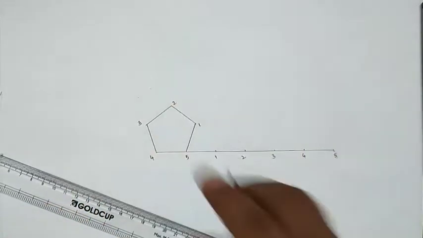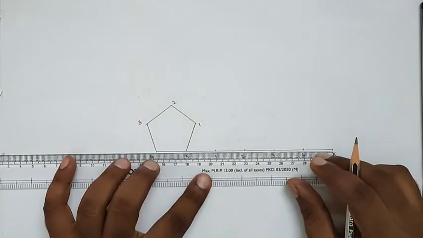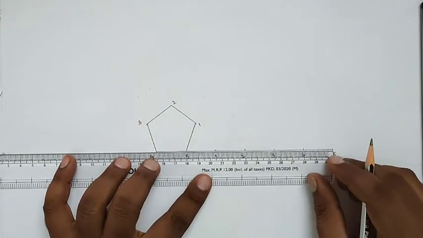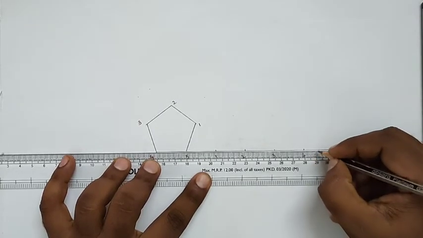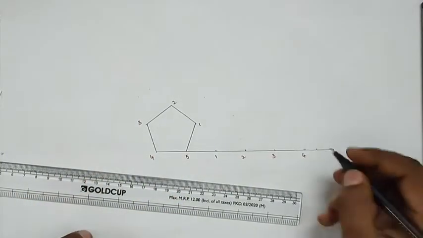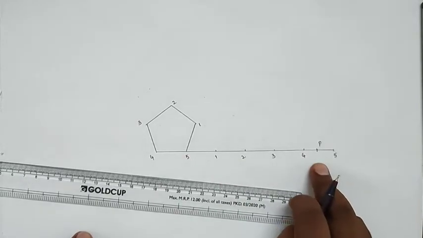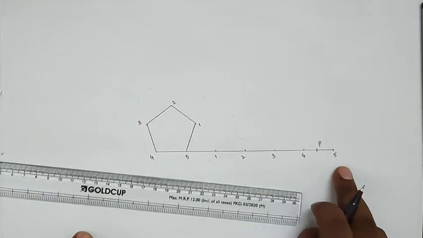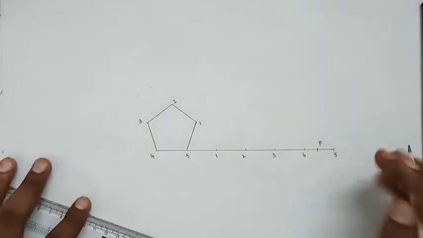But they are giving the length of the string as 110 mm. So I am representing the length of the string from the point 5. I am taking 110 mm and locating point P. So 5P represents the length of the string here. 5 to 5 represents the perimeter of the pentagon. Now you can follow the procedure.